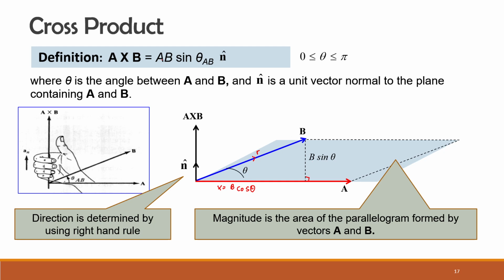So the magnitude of vector A multiplied by B sin theta, this vertical line, gives the area of the parallelogram formed by vectors A and B. So with the cross product, you can find the area of the parallelogram. With the dot product, you can find the theta between A and B. And the cross product result is a vector.